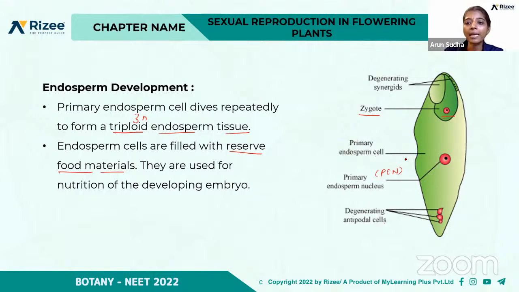So here these endosperm cells are filled with reserve food materials. So what is the role of it? This zygote now develops into an embryo. For the growth of the embryo, they need nutrition, right? So that is provided by these endosperm cells. So they provide nutrition for the developing embryo. Okay.